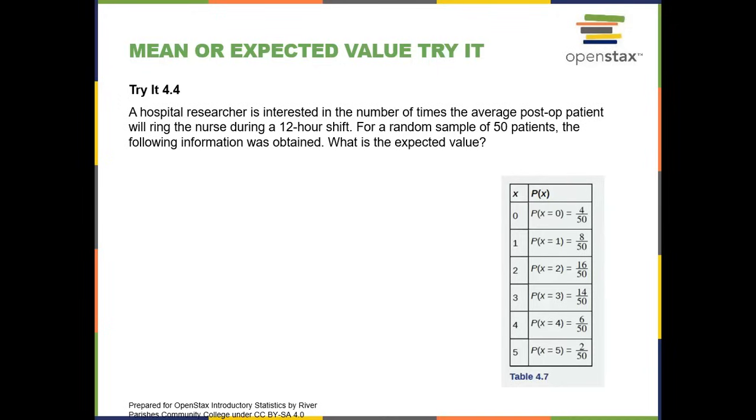And the last one is 2 out of 50, which will be 0.04. So again, 4 out of 50 is 0.08, 8 out of 50 is 0.16, 16 out of 50 is 0.32, 14 out of 50 is 0.28, 6 out of 50 is 0.12, 2 out of 50 is 0.04. You have to convert the probability values into decimals before you do anything with the calculator.